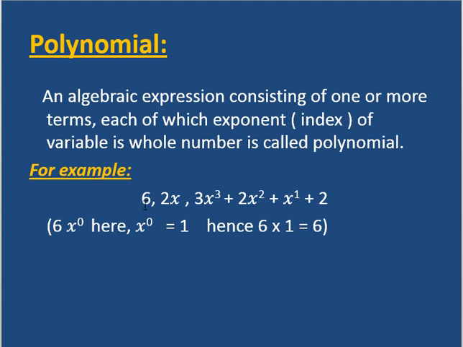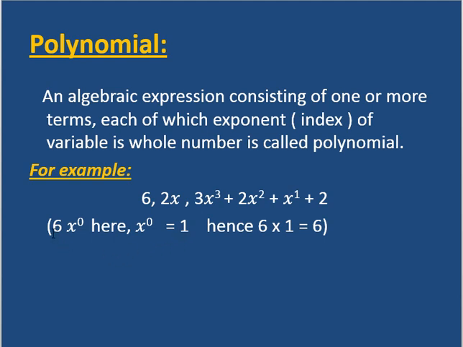So this 6 has x as a hidden variable, and this hidden variable has power 0, and x power 0 equals 1.